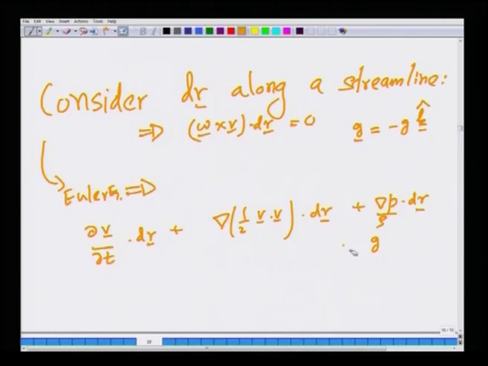So, you have minus g k dot dr is 0. Okay. Now, that is the relation.